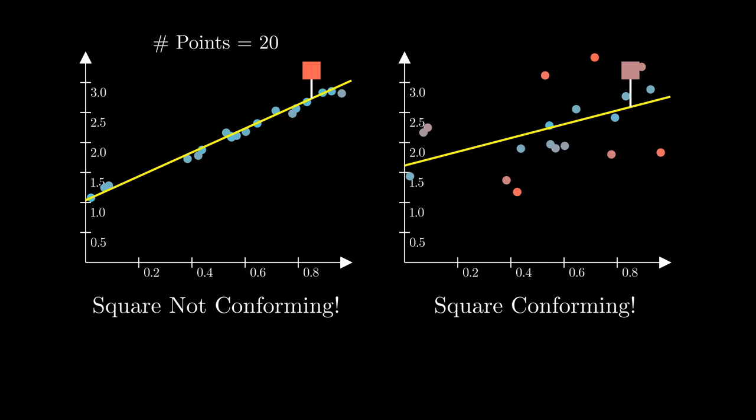This shows that how well a point conforms with a bag of points is a relative concept and depends on the conformity of the other points within the bag. And we need to take that relativity into account when determining if a given point conforms sufficiently with a bag of points, and absolute error alone cannot do that.